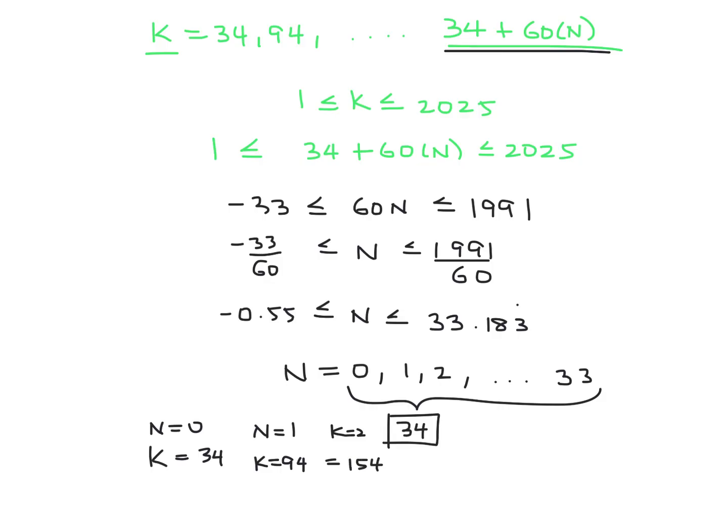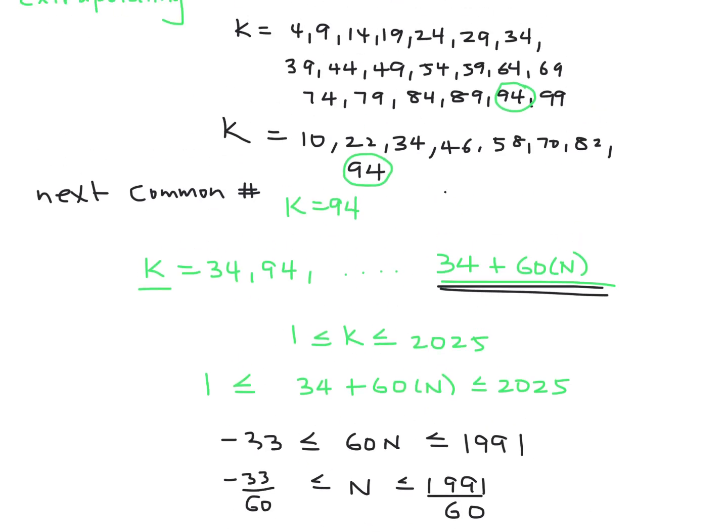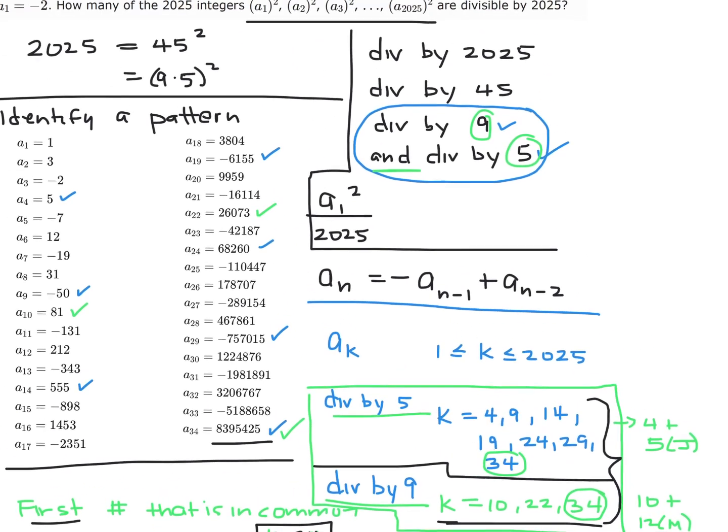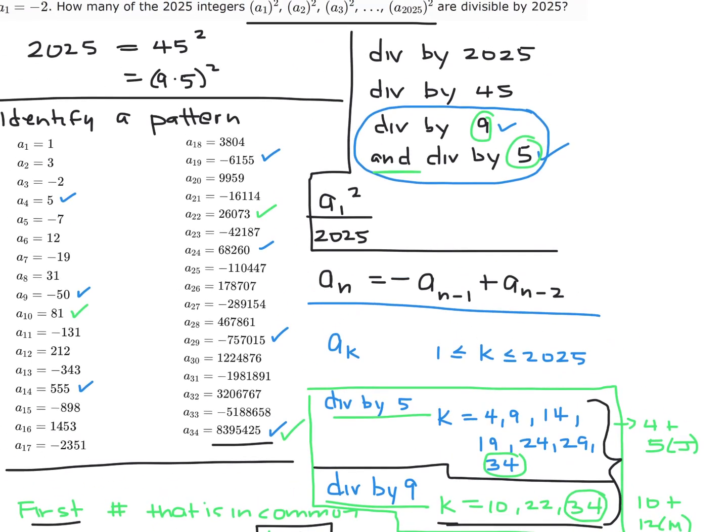You guys understand what I just did there, right? Just plug in n into this formula right here. And that's it. 34 is the answer to this question that is asking how many of those numbers would be divisible by both 9 and 5.